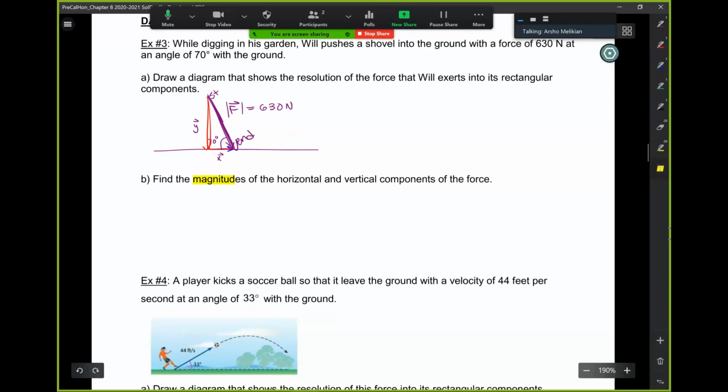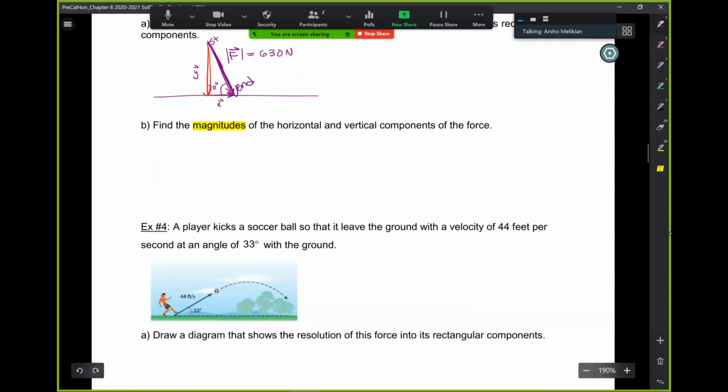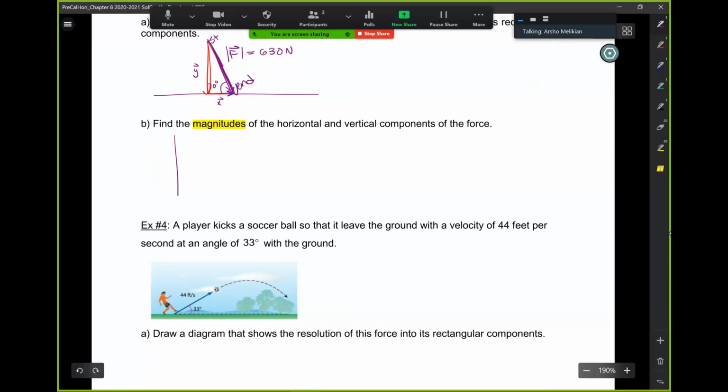Find the magnitudes of the horizontal and vertical components of the force. How big is this? How big is that? Right? Okay. Yes, it's a right triangle. But we can't do a squared plus b squared because you don't have all the things. So trig it is. Okay. Sine and cosine type stuff. So here's y.